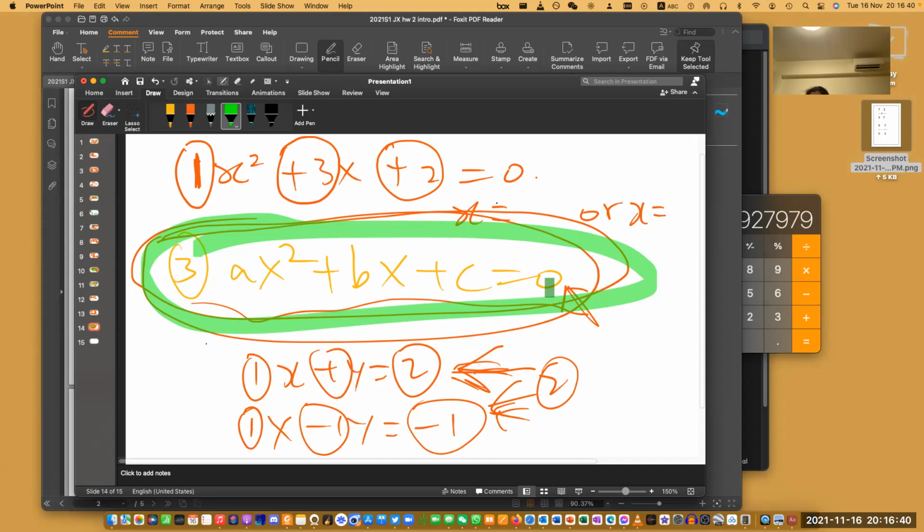Can you see that? Yes. So once you choose 3, then they will ask you key in your a. So you key in 1, key in plus 3, key in plus 2, and then that's it. So you key in 1, 3, 2, then just press enter. Then they will give you the answer for x already.